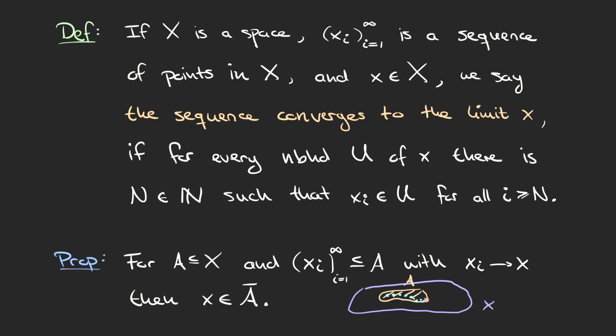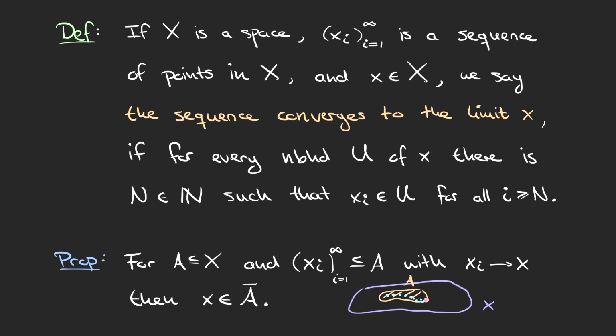Now we want to show that the red point actually lies within the closure of the set A. And for this, we again use this useful proposition for the characterization of being in the closure in terms of neighborhoods of the point. So remember that a point x is in the closure of A if and only if every neighborhood of it contains a point in A.